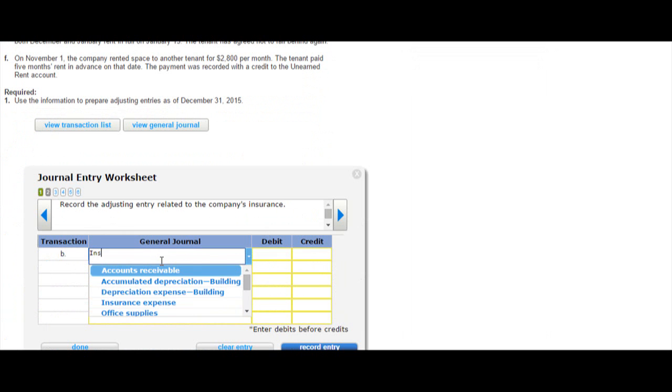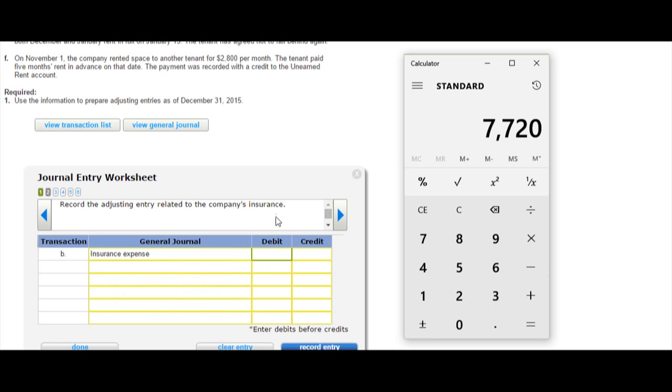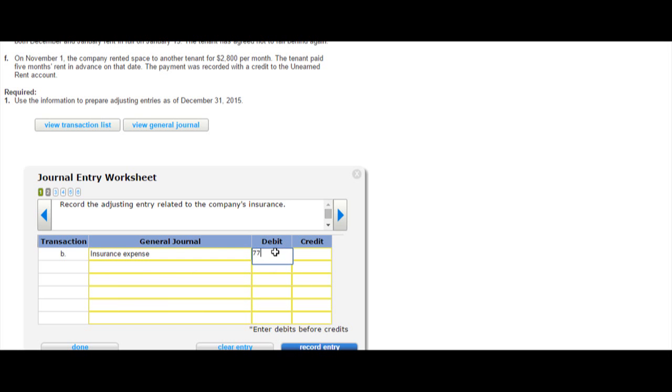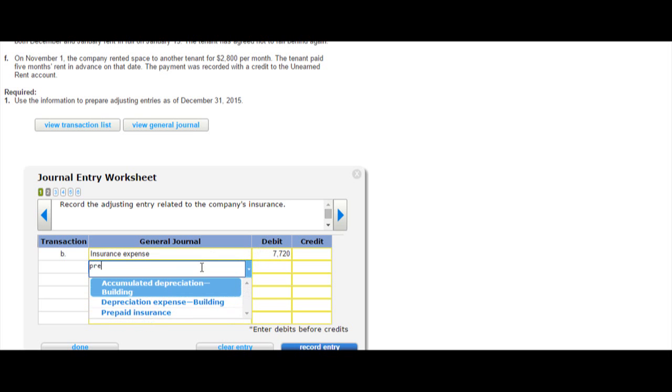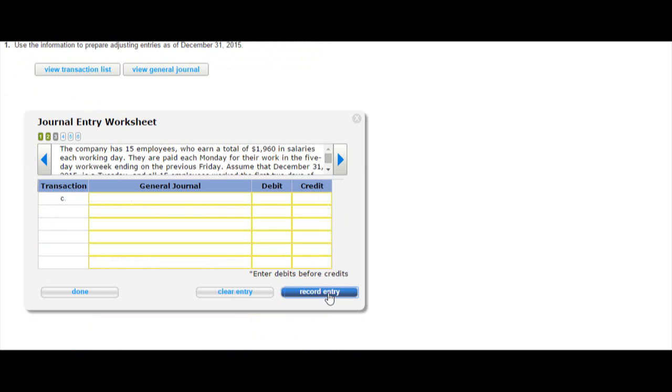We're going to call this insurance expense, 7,720, and credit prepaid insurance for the same amount. That one's tricky. Hopefully we got it right.